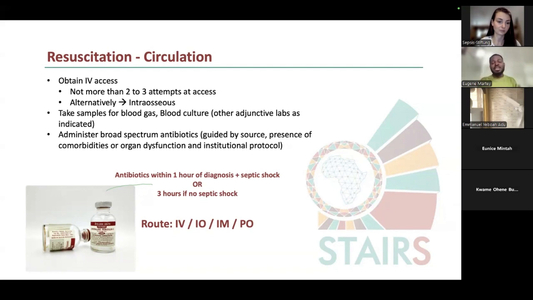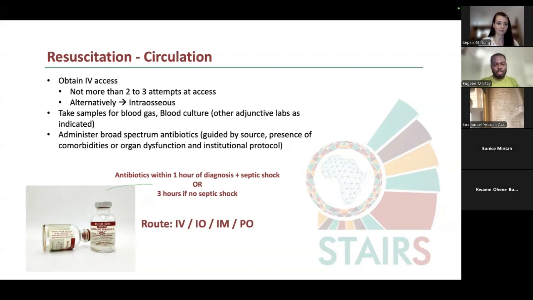For instance, you may want to give an aminoglycoside, but the patient may have a renal injury, and therefore that may make you more cautious. If another alternative exists, then you may want to look at that option rather than go first with your aminoglycoside when the patient already has AKI. And then, of course, you will be guided by your institutional protocol.